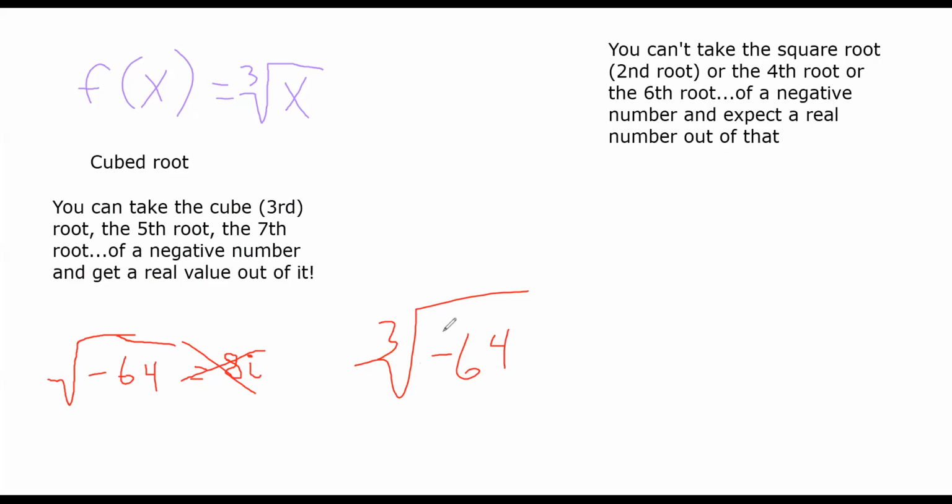For the cubed root, you're thinking, what's a number that multiplies by itself a total of 3 times and gives you negative 64? Well, if I was just taking the cube root of positive 64, it would be 4. Because think about it. If you do 4 times 4 times 4, 4 times 4 is 16. 16 times 4 again is 64.